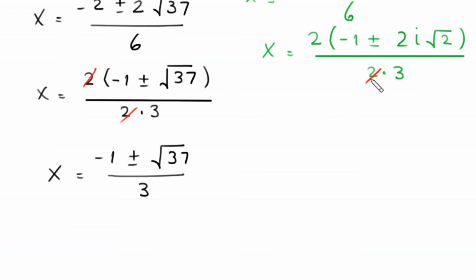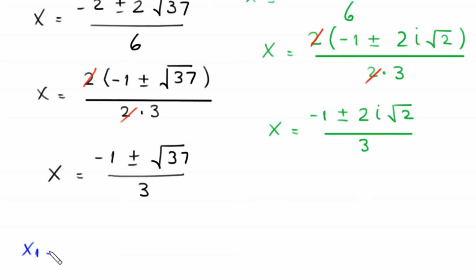Now this 2 will be cancelled out with this 2 and we are left with x equal to negative 1 plus or minus 2i times root 2 divided by 3. So we get two other solutions. It means we have 4 solutions for this equation.